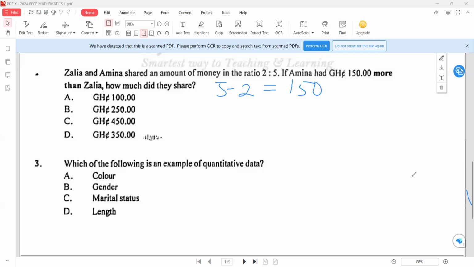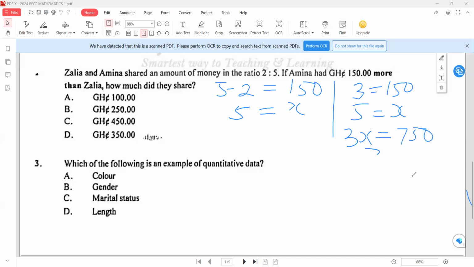And then what are we looking for? The amount shared, and that ratio should be 5 plus 2. So we can say 5 minus 2 is 3. So 3 is 150, 5 is x. Multiply 5 by 150, that should give you 750.